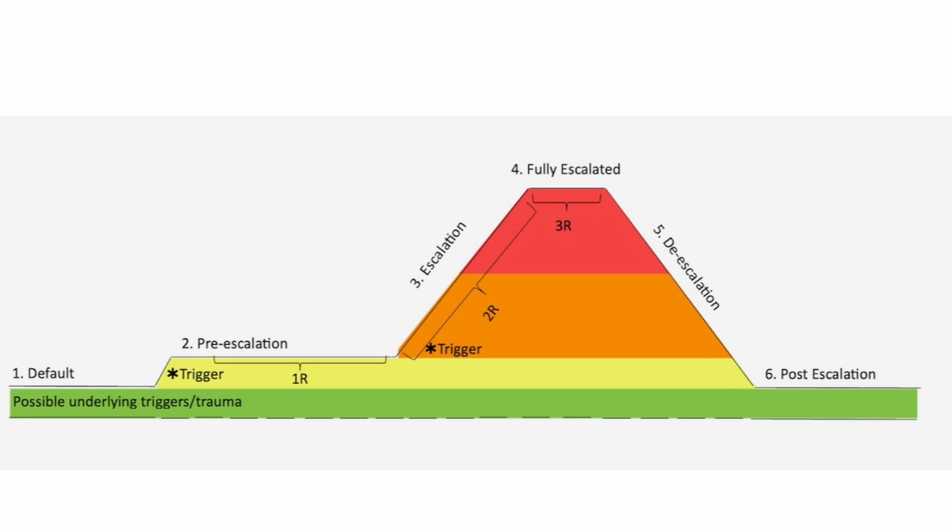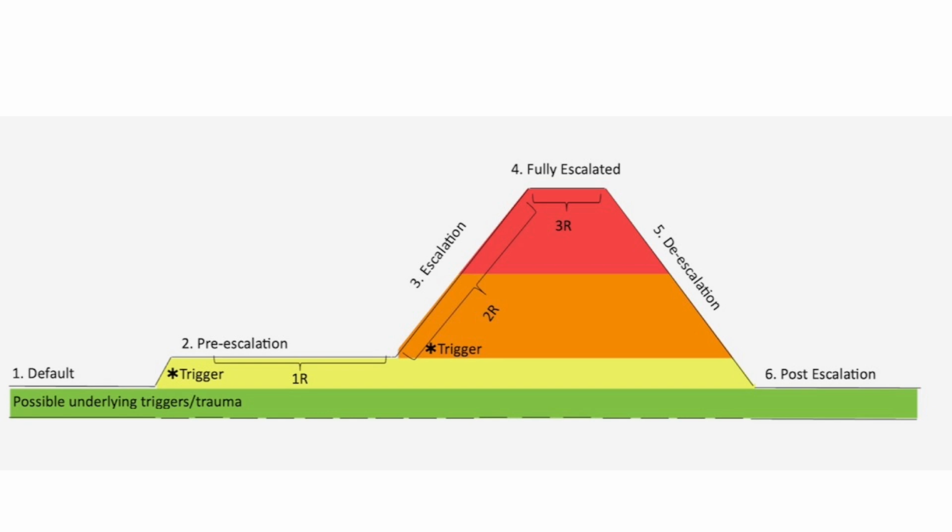The first is the default stage, and in the default stage, this is just how the student acts and behaves in an everyday situation. But there may be underlying triggers, there may be underlying trauma. Then we go on to the pre-escalation stage. Something has probably triggered the student, and if you can address this at this very early stage, that's the ideal time.